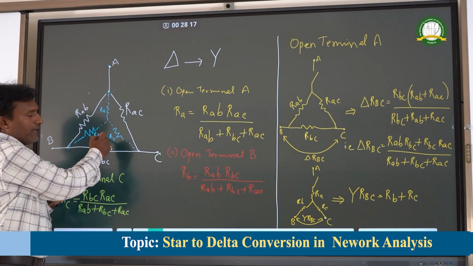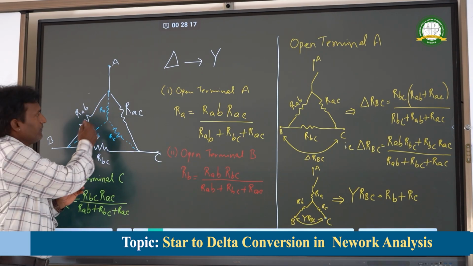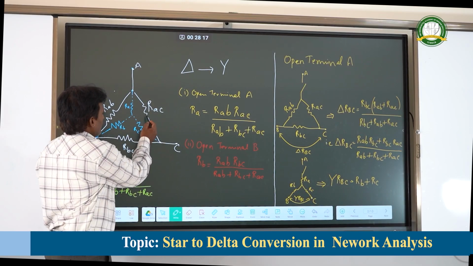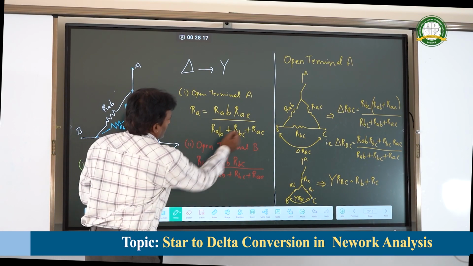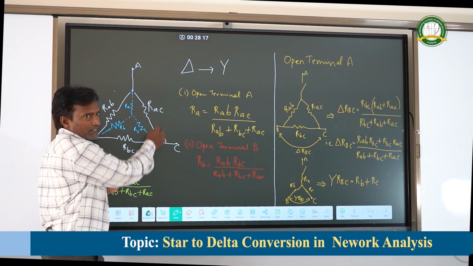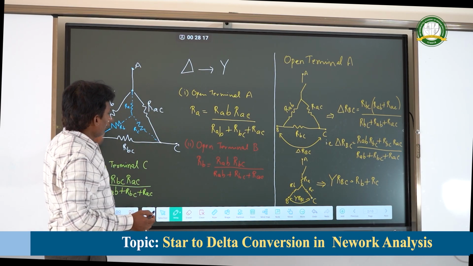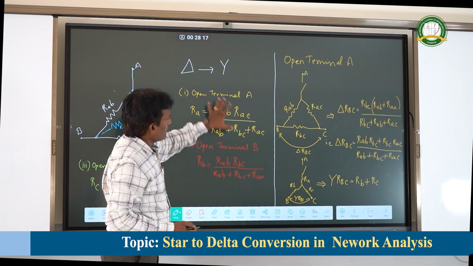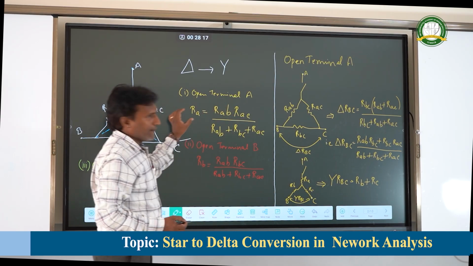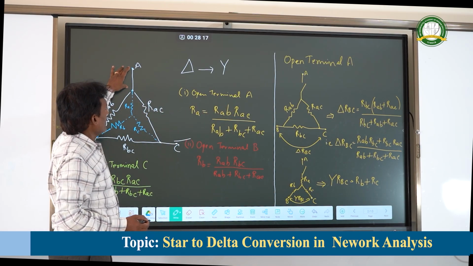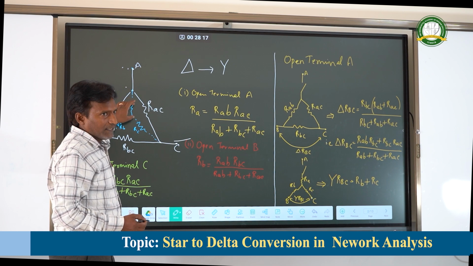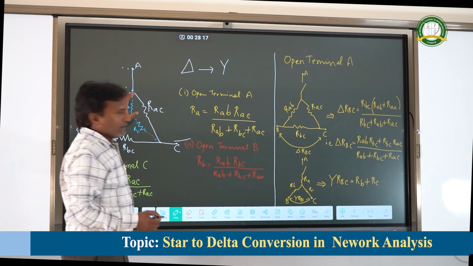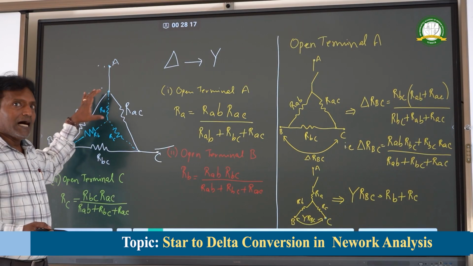To find RA, we multiply RAB of delta with RAC, and divide the entire thing by the summation of all the elements, that is RAB plus RBC plus RAC. So on opening terminal A across both delta and star, we can solve for the star element RA.